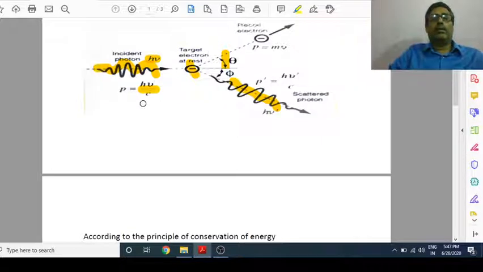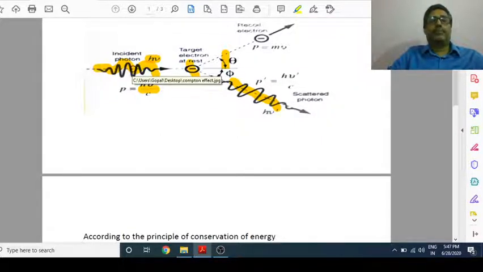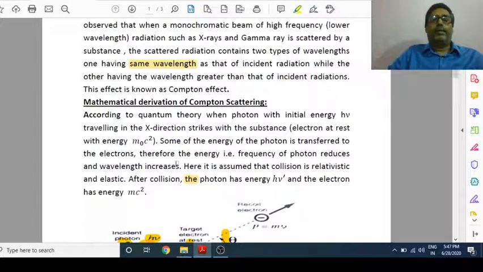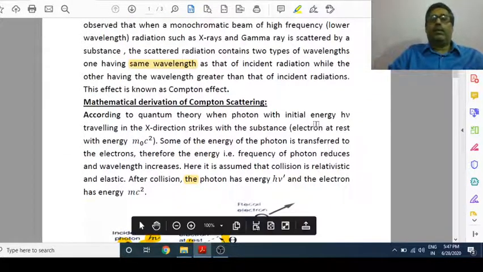Nu dash, why? Nu is the frequency of the incident photon. H nu is the energy of the incident photon. H nu dash is the energy of the scattered photon.